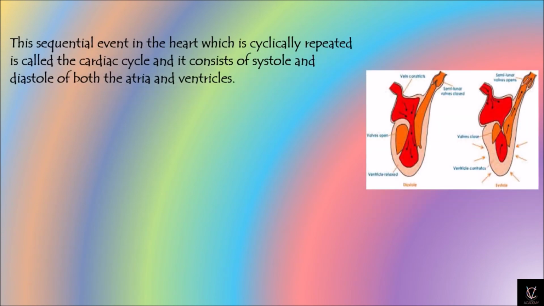The sequential events in the heart, which are cyclically repeated, are called the cardiac cycle, and it consists of systole and diastole of both the atria and ventricles.